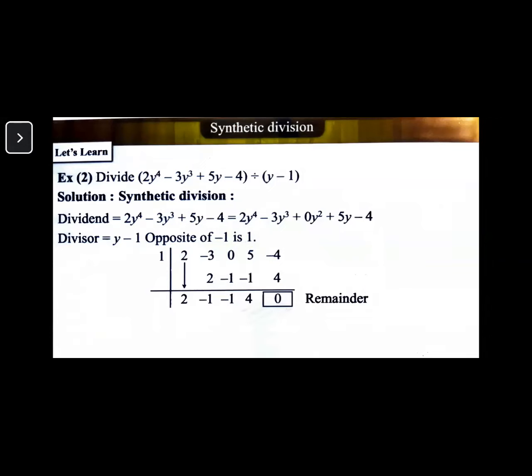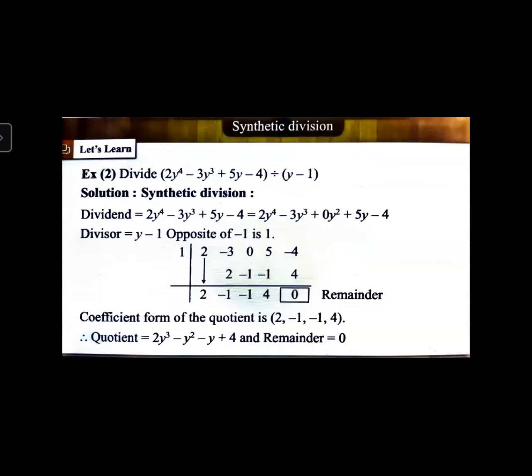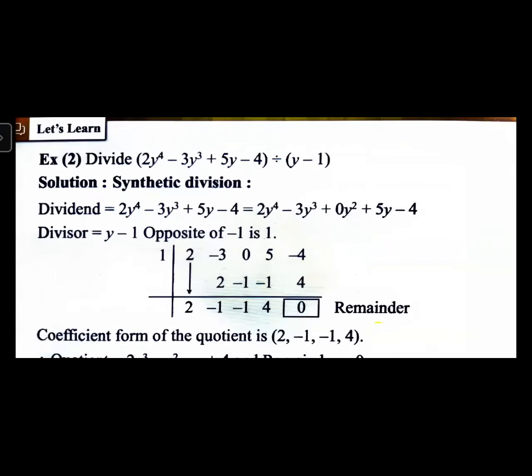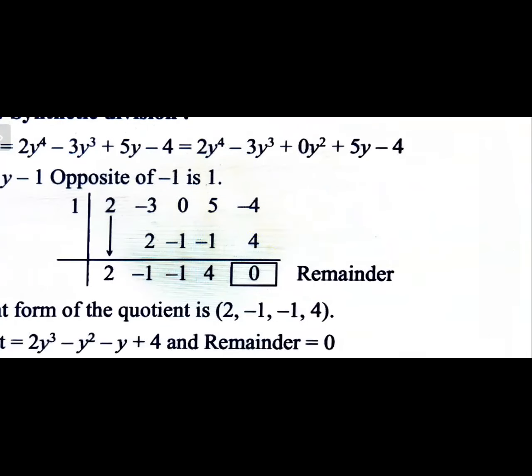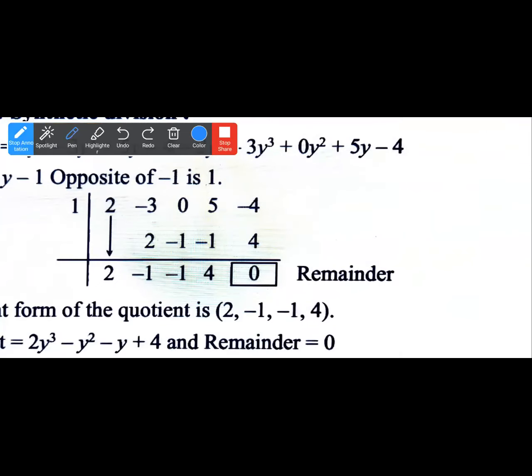The coefficient form of the quotient is 2, minus 1, minus 1, 4. So how to convert it into polynomial form? Let's write it down. The number of coefficients is 4. 4 minus 1 is equal to 3, so the degree of the polynomial will be 3.